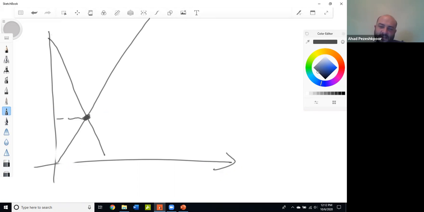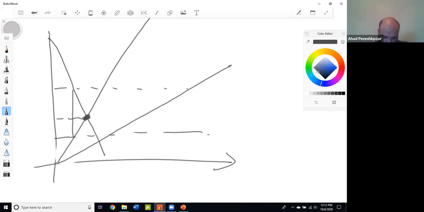Are these elastic or inelastic? Compared to this curve?